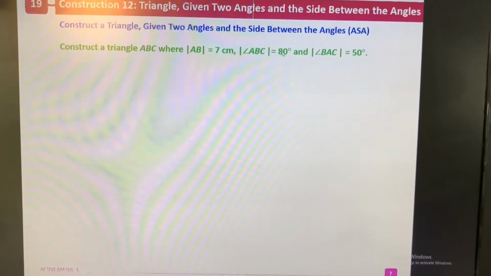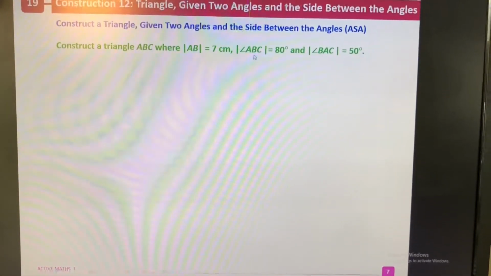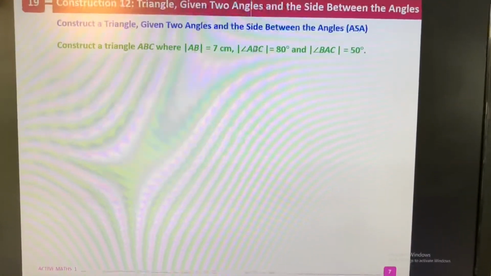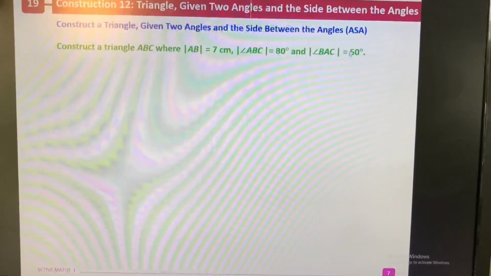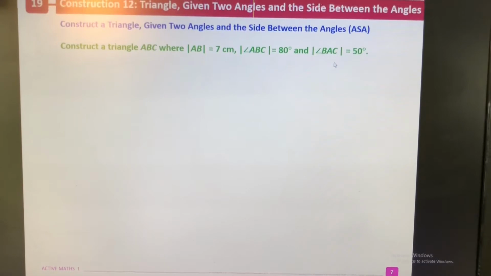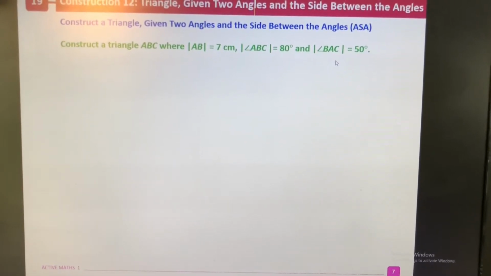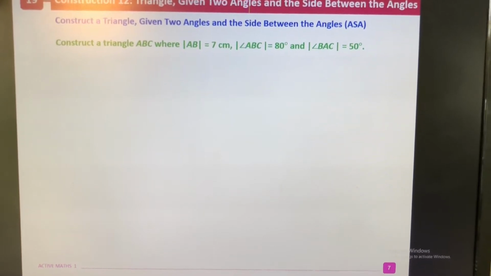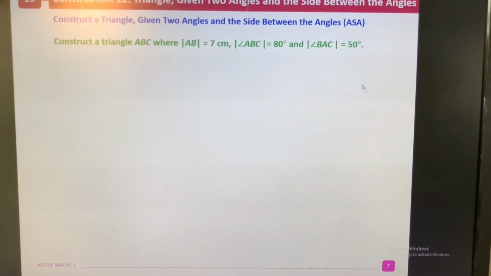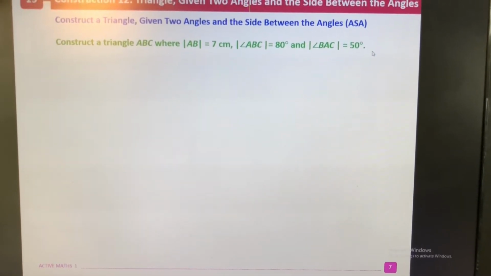And we have two angles, the one that sits at letter B, the measurement 80 degrees, and the second one sits at A and is 50 degrees.